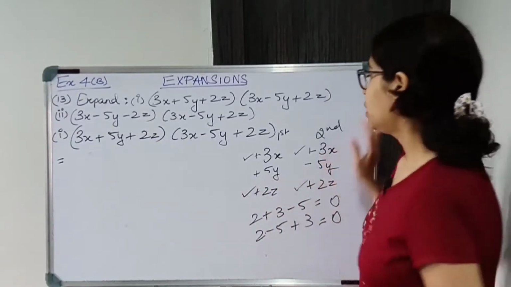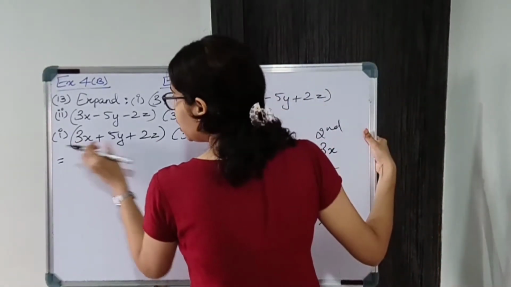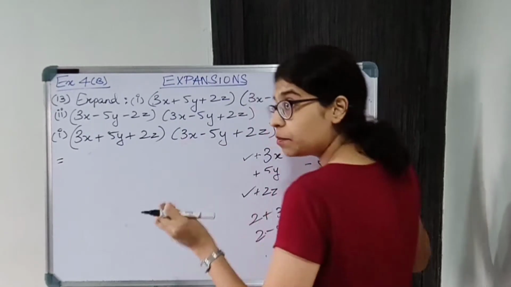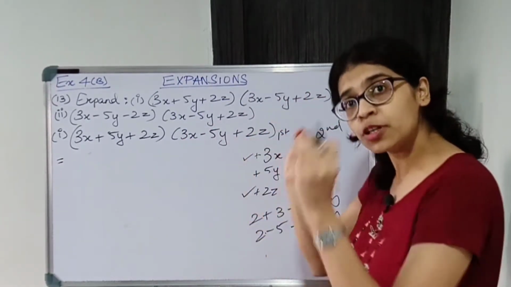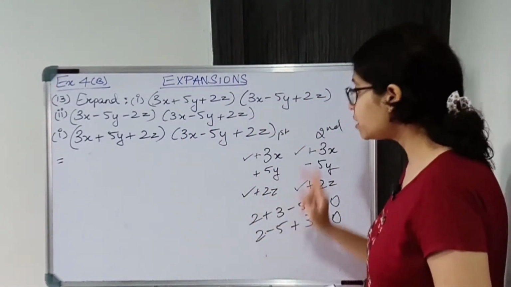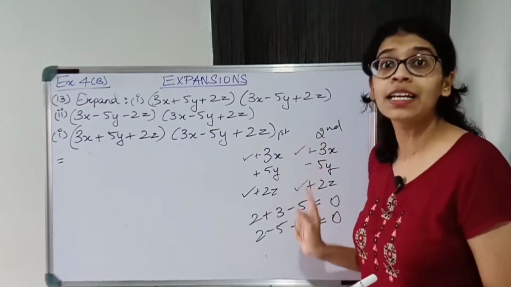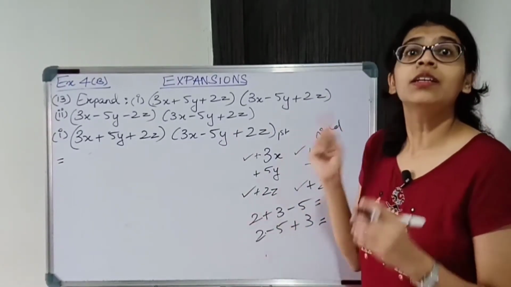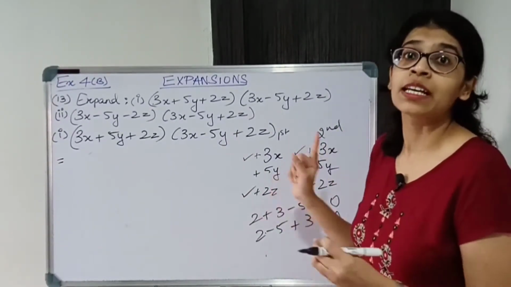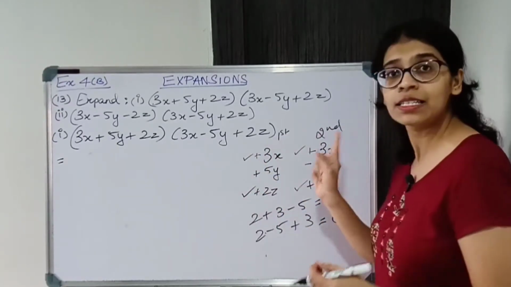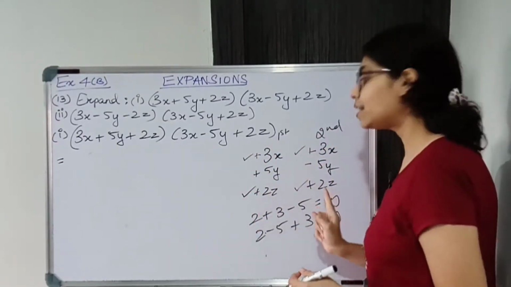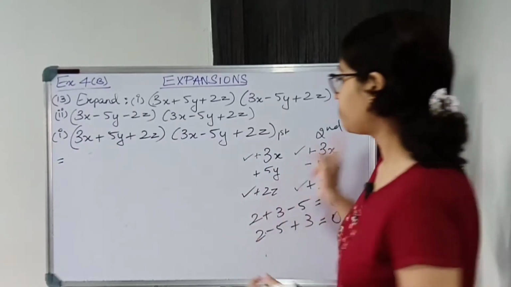Okay, now we will group these two and same thing in the other bracket. Same terms have to be grouped. So consider terms with same signs in both the brackets. These terms should have same signs in both the brackets. So 3x has same sign in both the brackets, 2z has same sign in both the brackets.